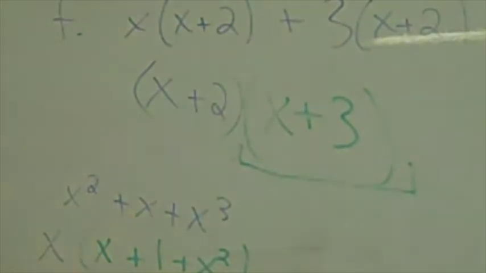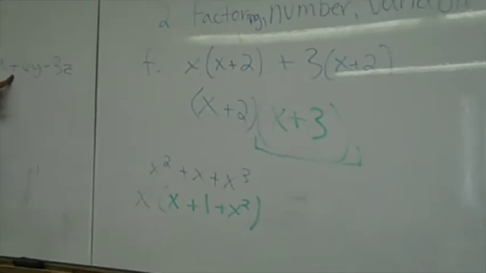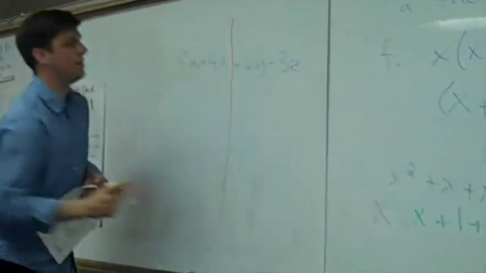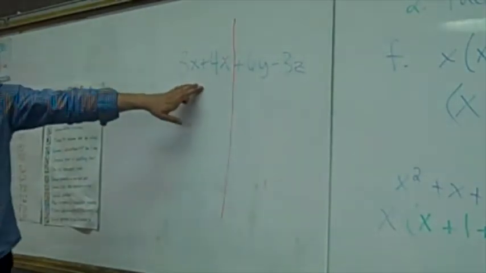And so if we have 3x plus 4x plus 6y minus 3z, draw a line down the middle. Where's the middle? The middle plus. So draw a line straight down the middle, factor this side, then factor this side.